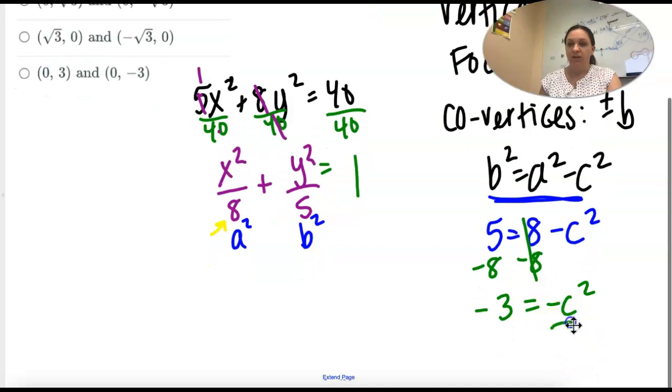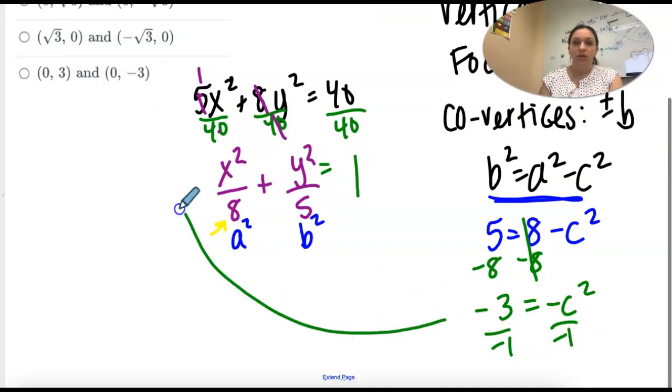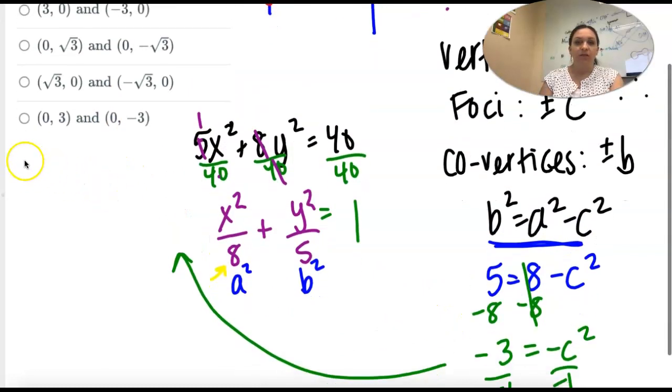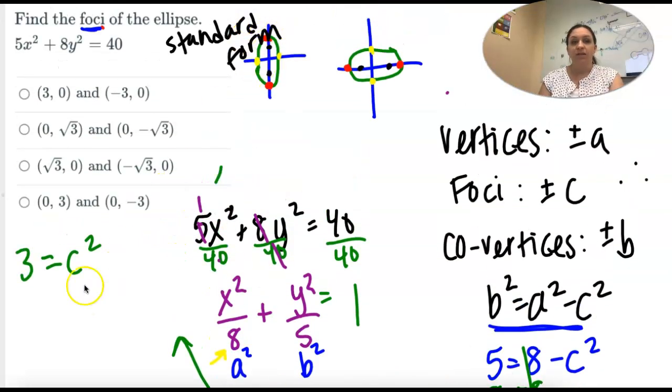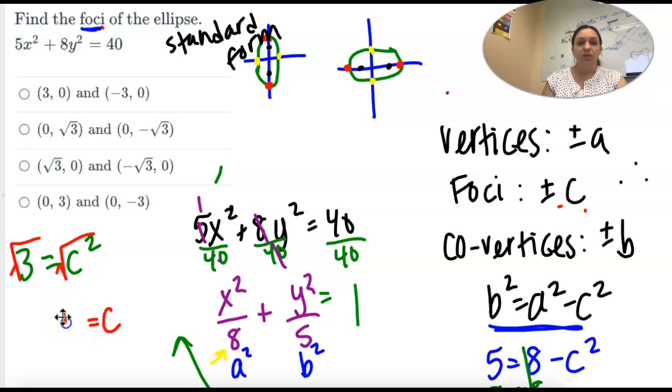Let's get rid of these negatives by dividing both sides by -1. I'm going to just write it over here so I can see my answers again. So now I have 3 equals c squared. Well, that's not it. Plus or minus c is the foci, so we need to take the square root of both sides. And c is actually plus or minus the square root of 3.